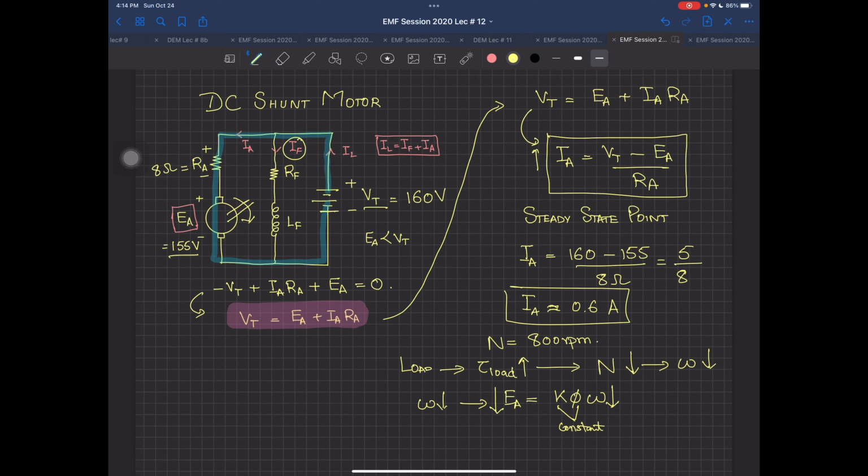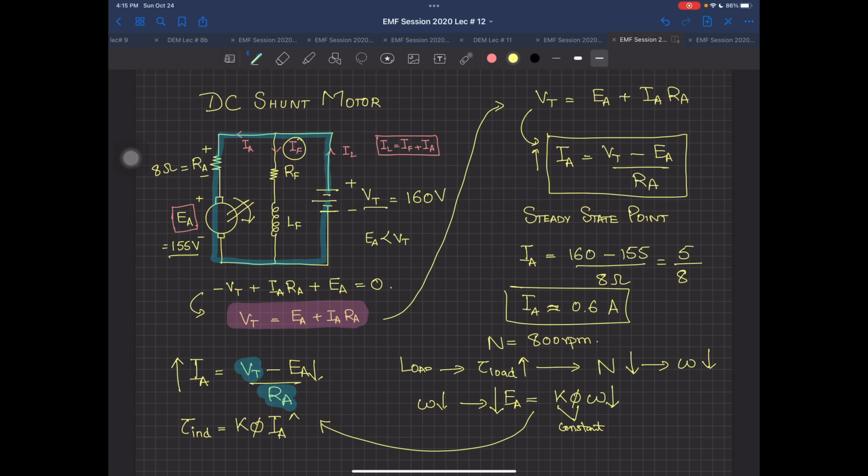So EA will decrease. Now when EA decreases, we just found out that IA is equal to (VT minus EA) divided by RA. When EA is decreasing, the other two quantities, VT and RA, are still constant. So current IA will increase. We know our induced torque formula is equal to K phi IA. We proved it two or three lectures back.